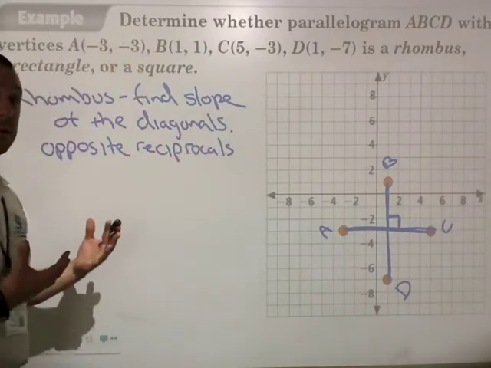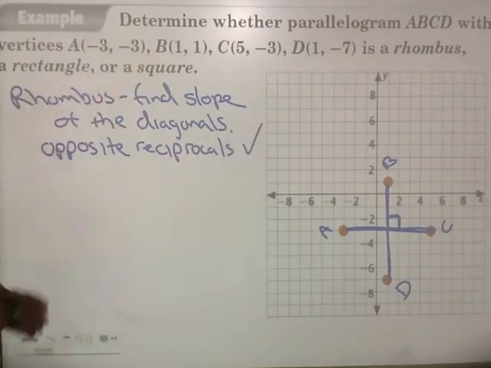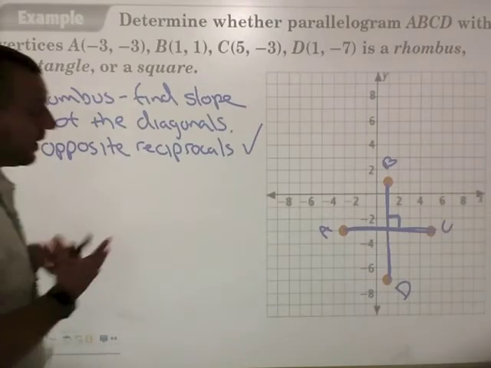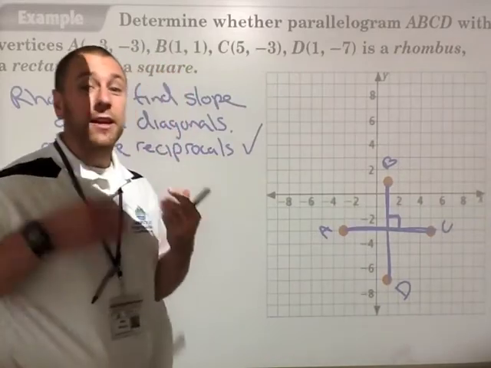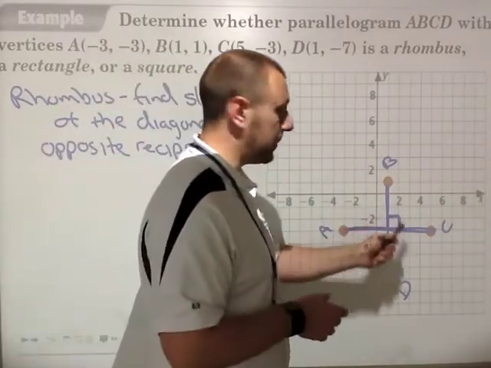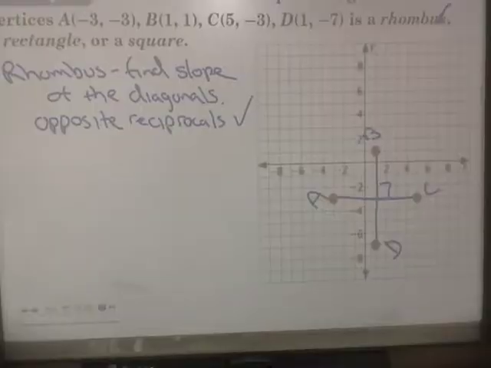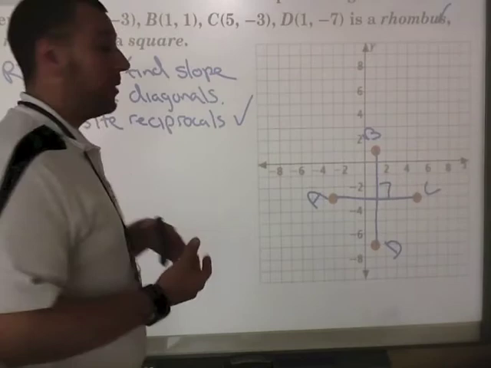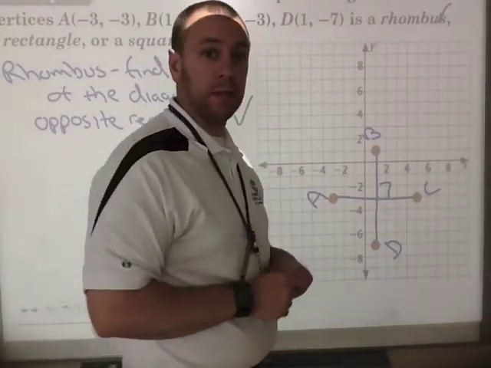If they're opposite reciprocals, that's a check. That's a yes. It's at least a rhombus. In this case, horizontal and vertical, they are perpendicular. So that is a rhombus, so I'm going to check that one off. I've just proven that it's a rhombus at least because of these perpendicular diagonals.